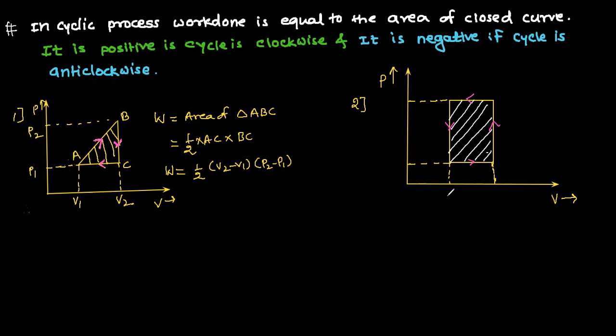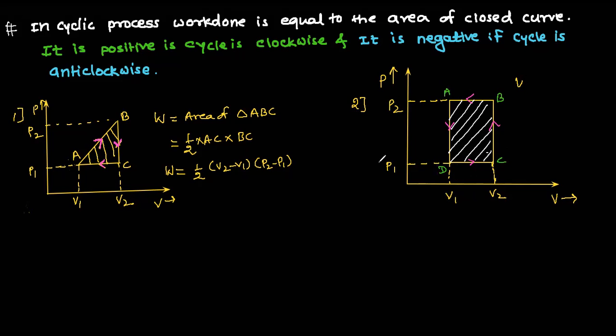Like this. So this is V1, this is V2, this one is P1, this one is P2. Now again you can give names also. Let's give here A, this is B, this one is C, and this one is D.